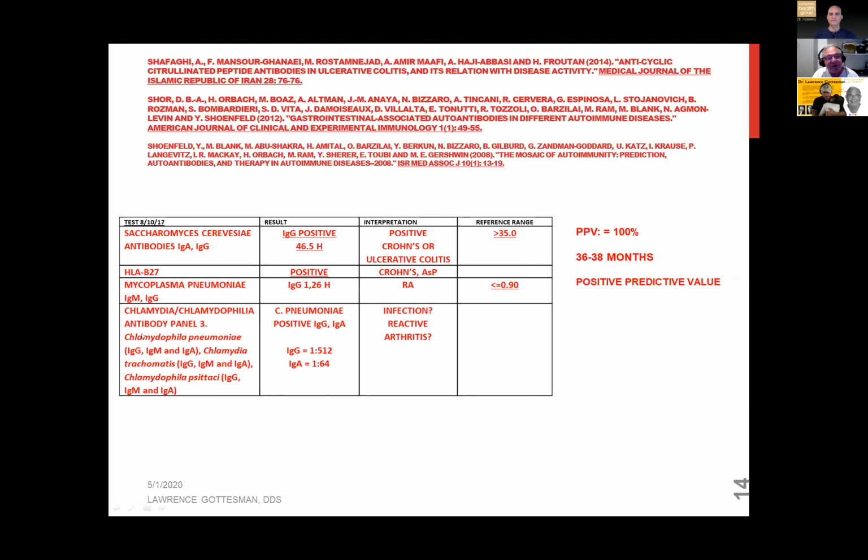And then you bring to the table the chlamydia grouping, and this is Chlamydia pneumoniae, trachomatis, which is the STD, and psittaci. I have found all of these in patients. And now they're talking about Chlamydia pneumoniae, which is not the STD, which is coming from the lungs predominantly, as a trigger for the infectious reactive arthritis.